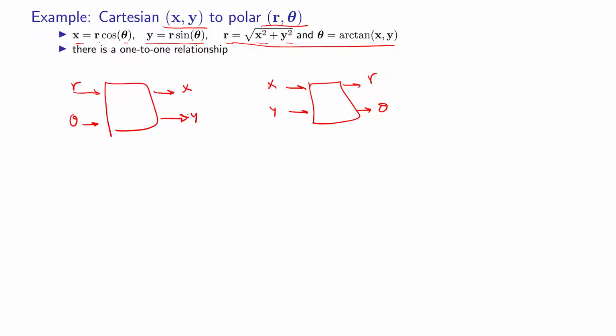So if you have the joint distribution f of r and theta, we shall be able to calculate or express the distribution of x and y in terms of that, and vice versa. So we want to know what is the relationship between these two representations, these two distributions.